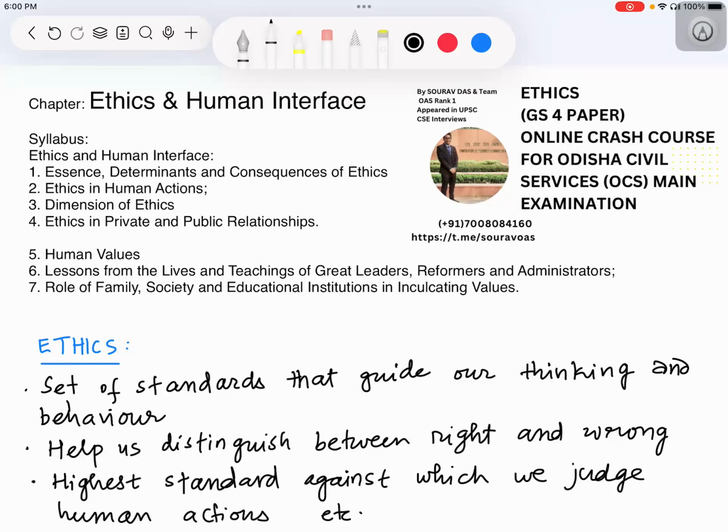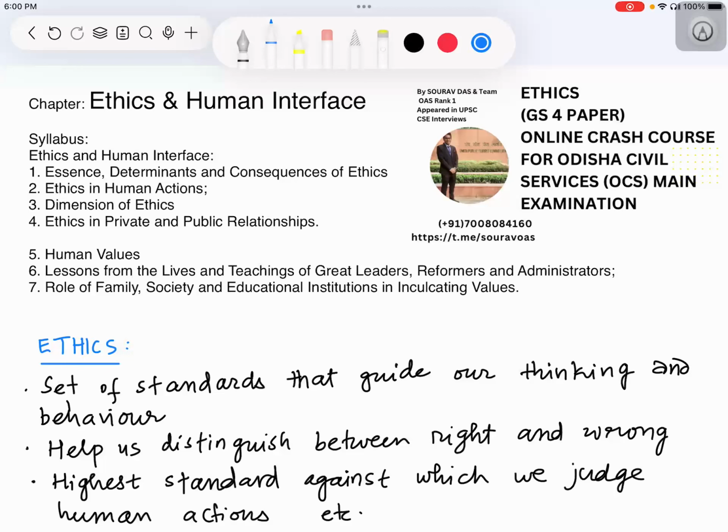So anyway, let's move on to the topic today. Ethics and human interface. By the way, the second class we did on ethics also comes under this chapter. If you see the syllabus, around 20% of it we have already covered.